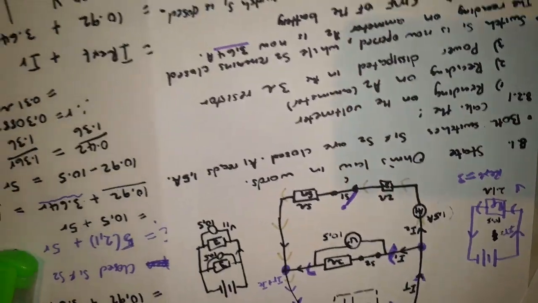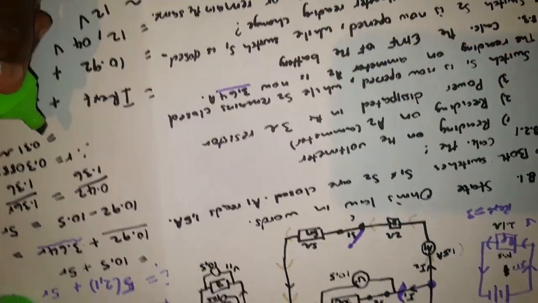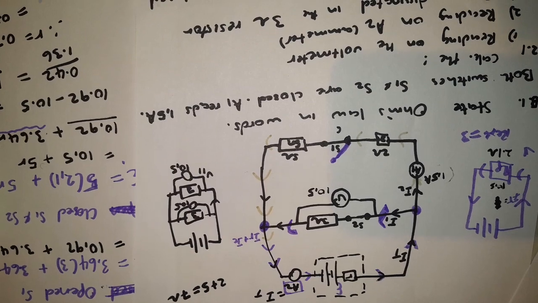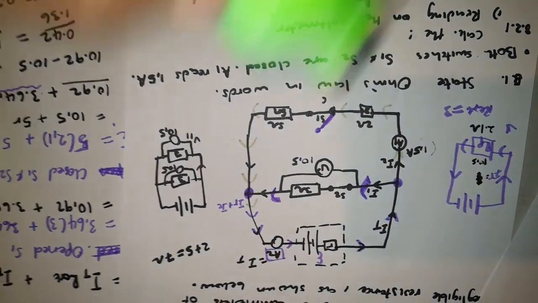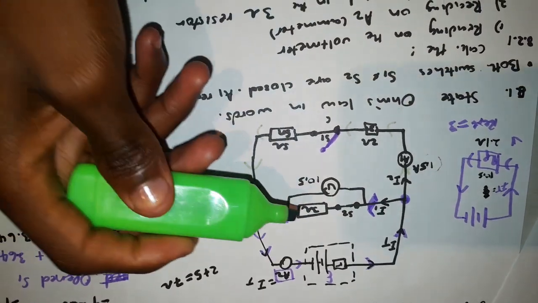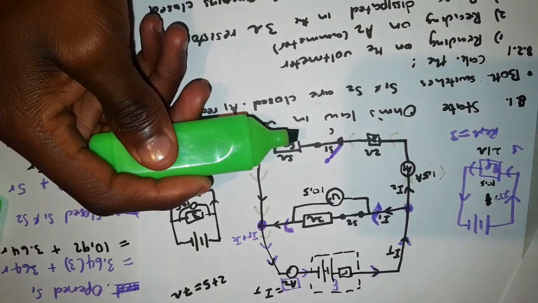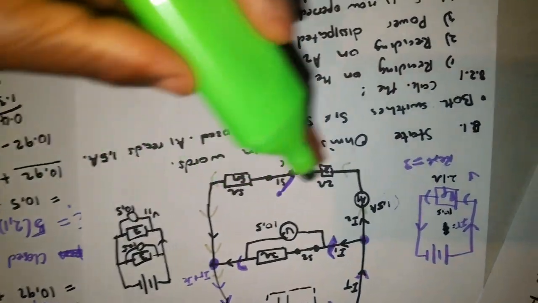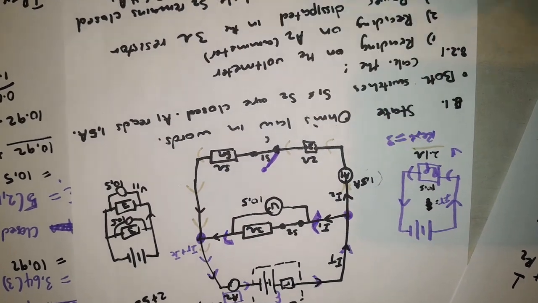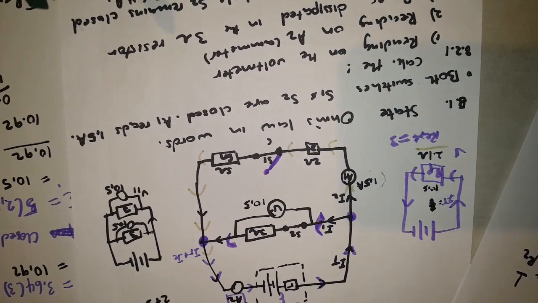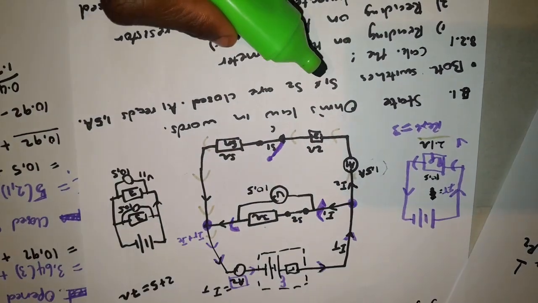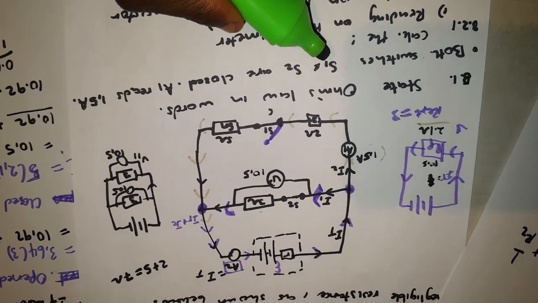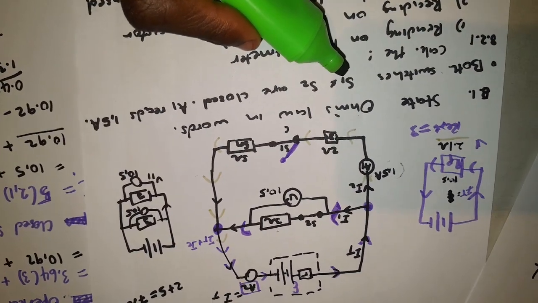So remember, the voltmeter reading will increase. Why? Remember that when we were using both, our external resistance was 2.1. When we only used this one, the R external was 3. So now, how much will our R external be?